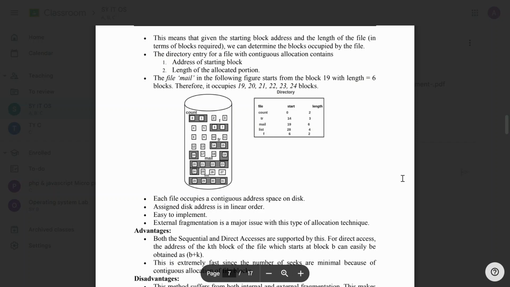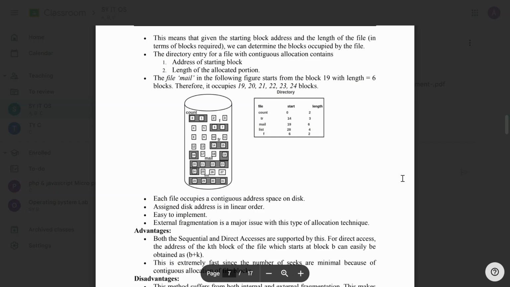Next, the file main in the following figure starts from block 19. We can see the file named main, and its starting block address is given in the directory table as 19, and the length is 6.